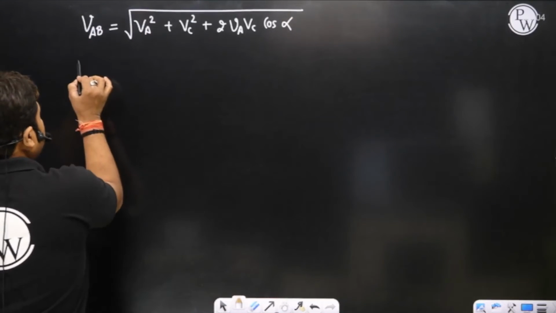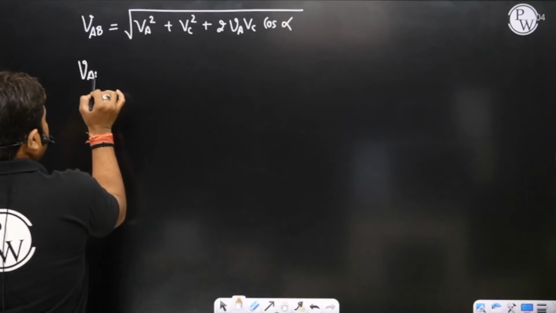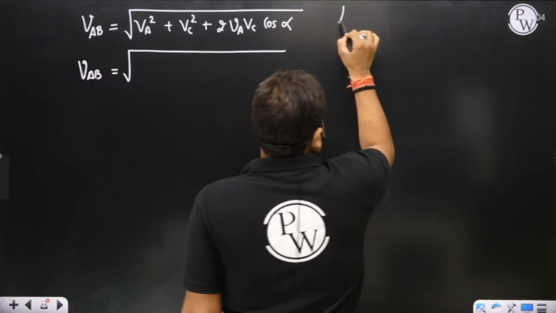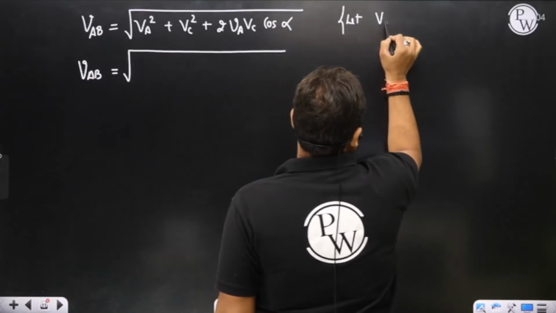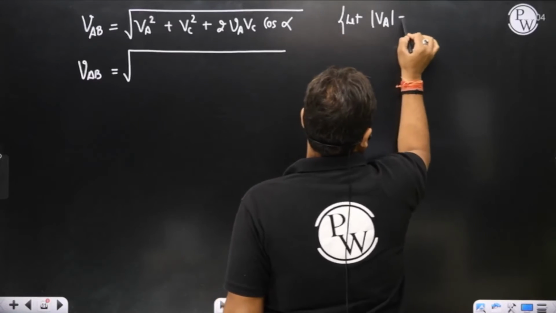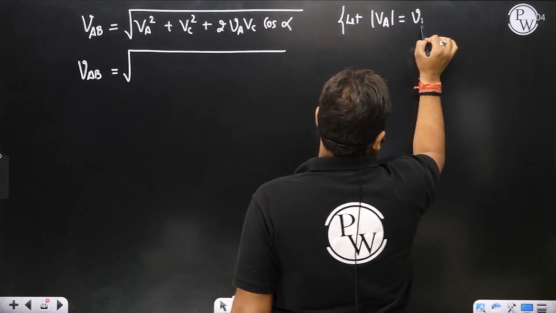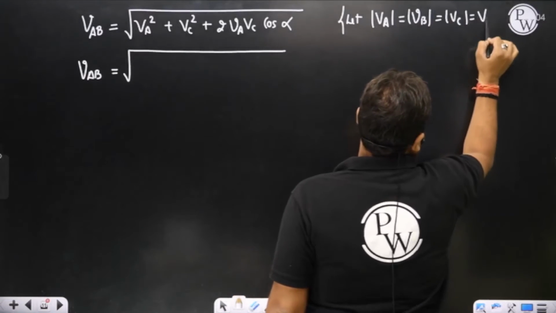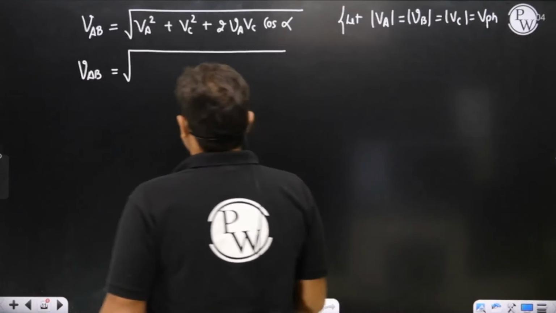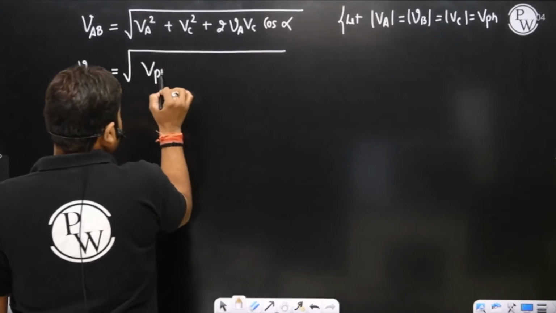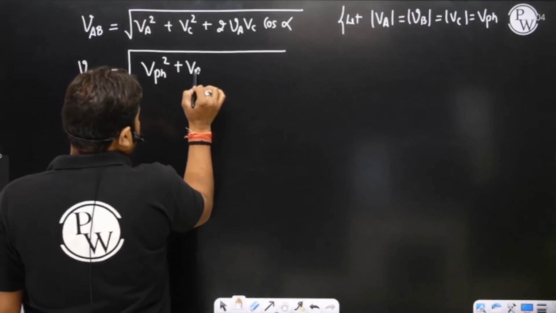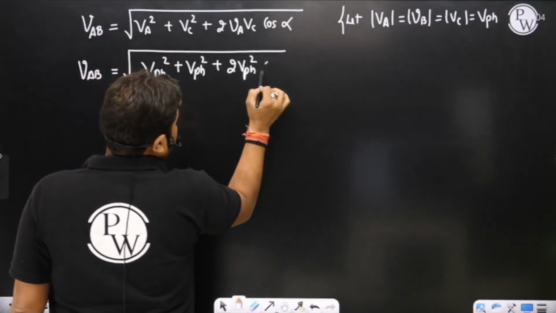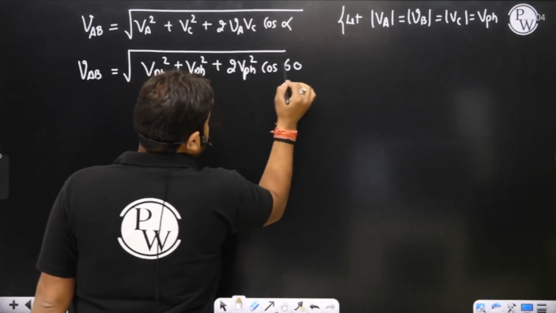Now please observe here. Sir, VAB is the line voltage. So I am writing VAB as root over of... Let all the phases be identical. So for a balanced supply, we can say VA is equal to VB is equal to VC. Let it be phase voltage. Yes, sir. So this will become phase voltage square plus phase voltage square plus twice of phase voltage square cos of 60 degree.